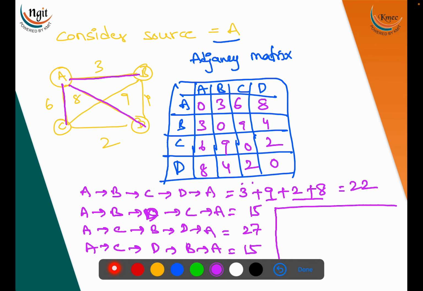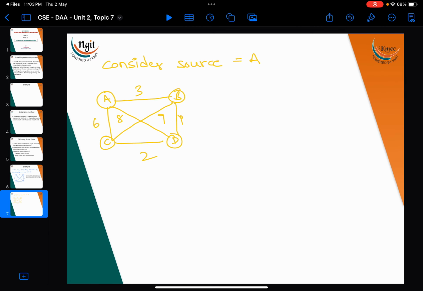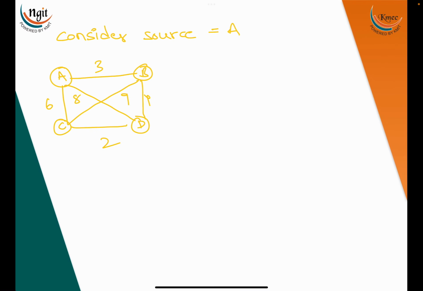I strongly believe that you are following me how I am writing all this, correct? Because you can see all the permutations over here. You can make a move from city A to other cities by traveling via B, via D and via C. There are many ways to travel, right? So you can take any of the ways.